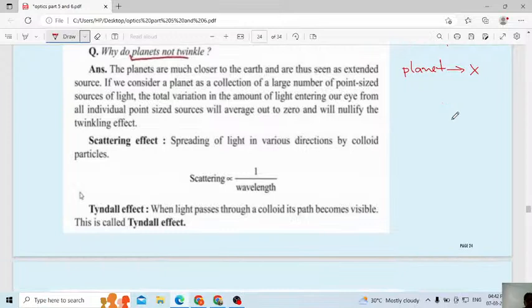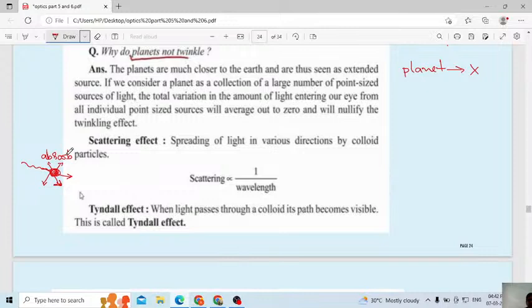Next one, scattering effect: spreading of light in various directions by colloidal particles. What I explained, that one you have to remember. Scattering means spreading of light, yes, that is correct. But one thing you have to remember: when white light enters the atmosphere, the particles absorb the white light, then it gets scattered in all directions equally.